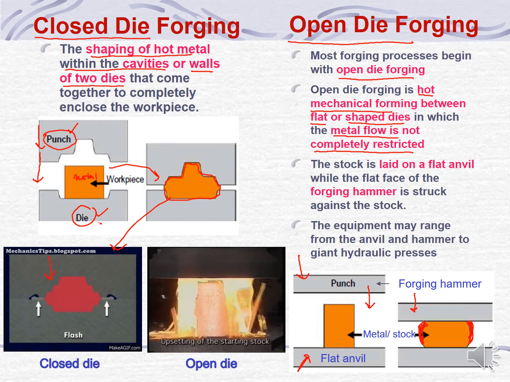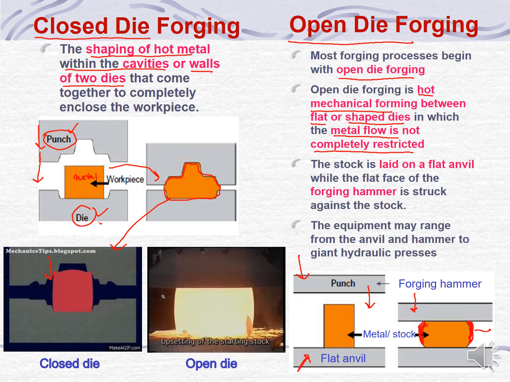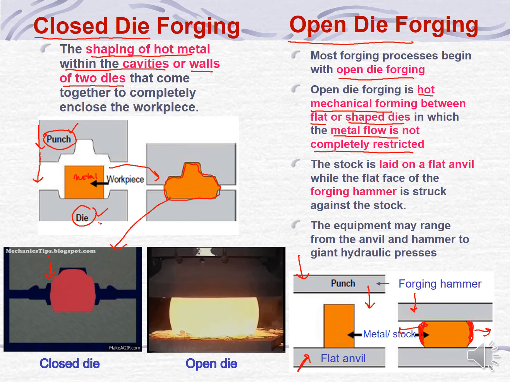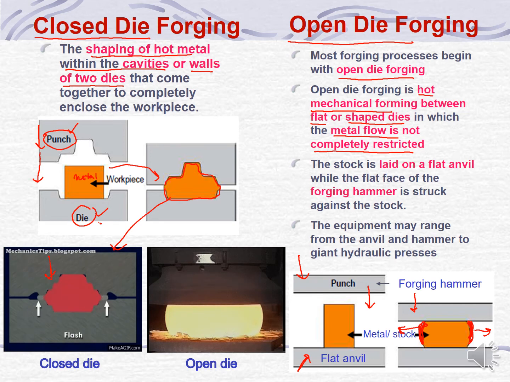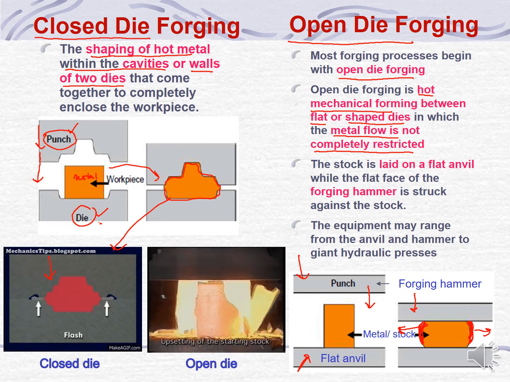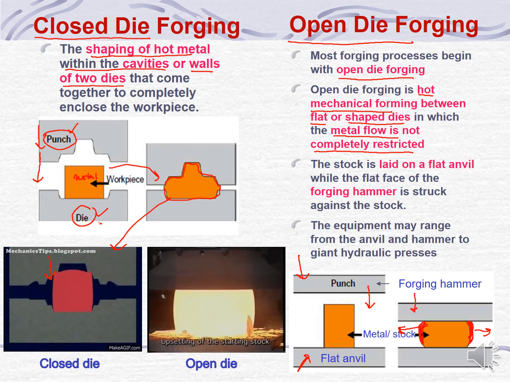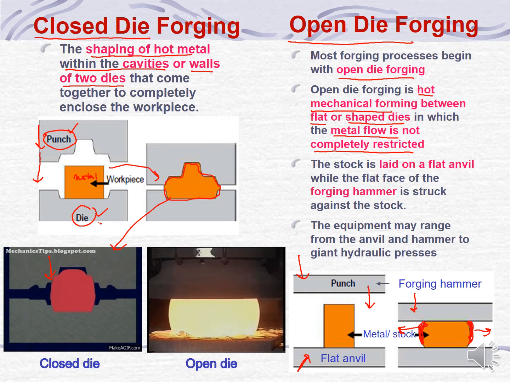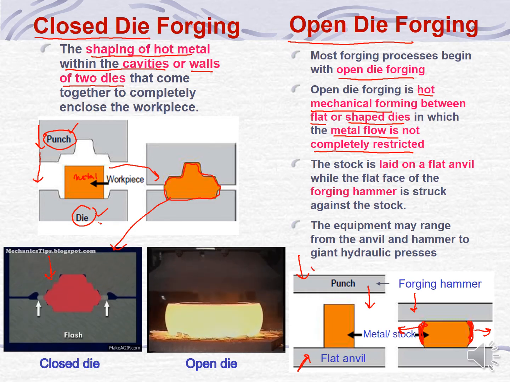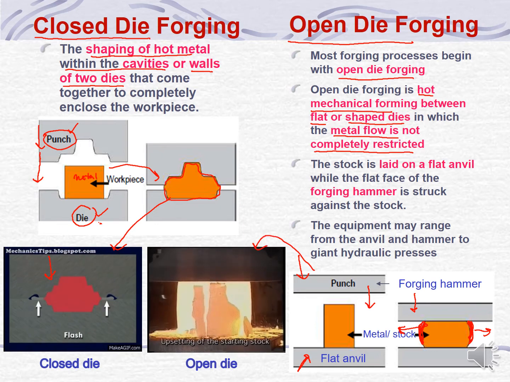The metal can flow to the both sides of the metal, freely flow without being restricted by any walls of dies, as what you can see from these short videos.